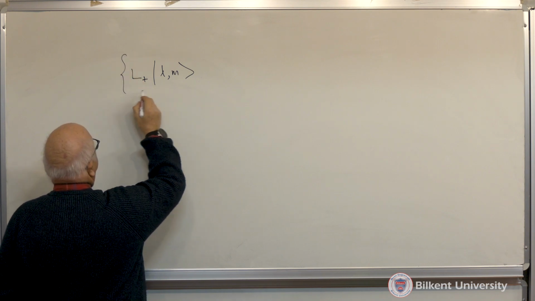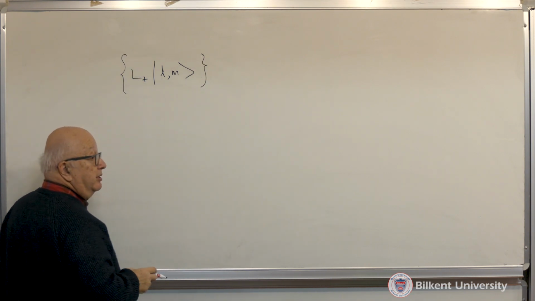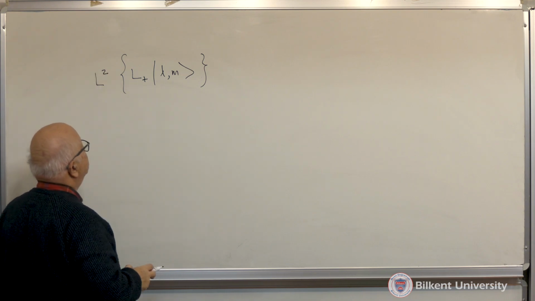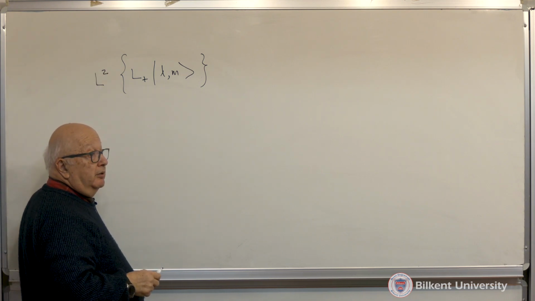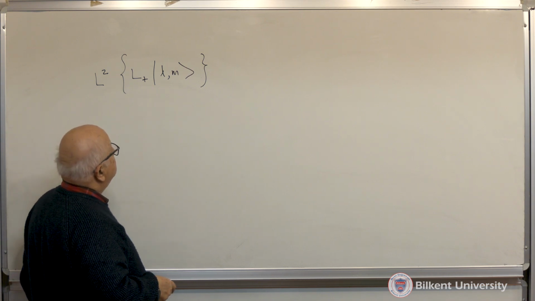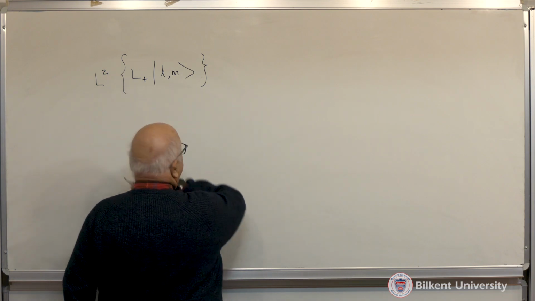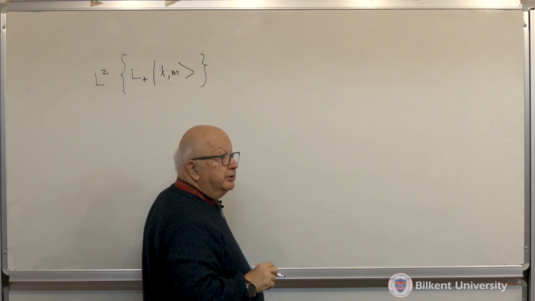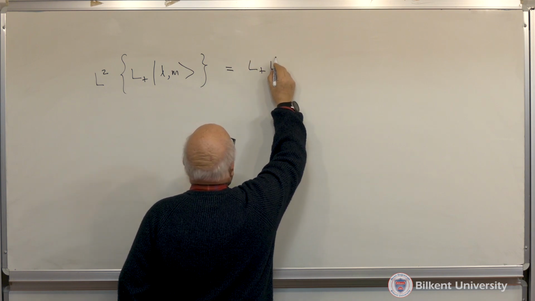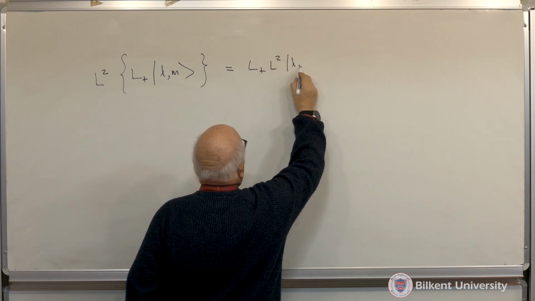Let me just see what its properties are. First of all, let me see what happens when I operate on it further with L squared. But I know that L squared and L plus commute, right? So I can write this as L plus L squared lambda m.